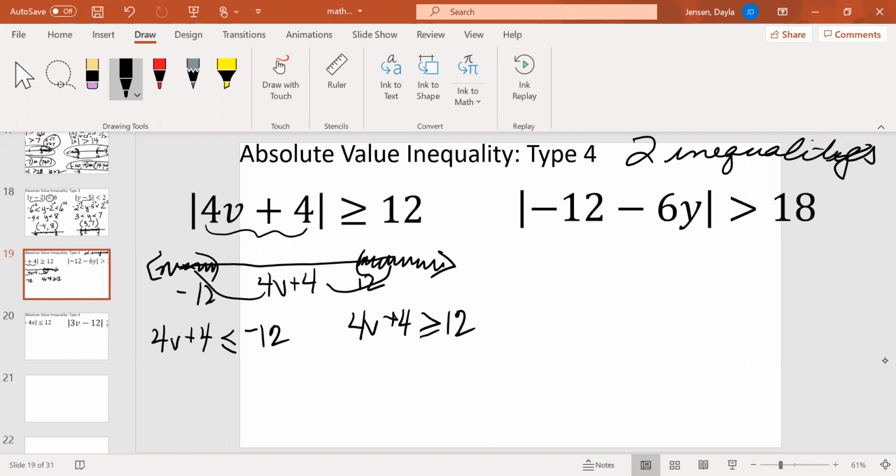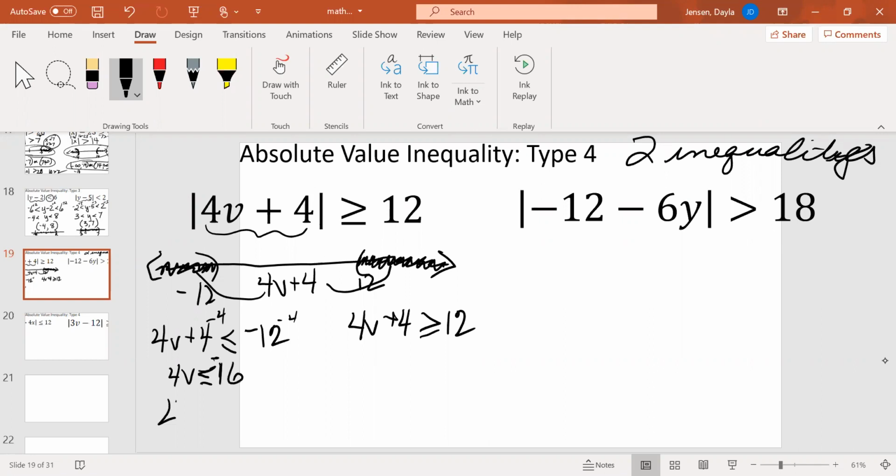If it was less than, it would be between, but it's greater than, so it has to be out here or out here. So 4V plus 4 is less than or equal to negative 12. So subtract 4, 4V is less than or equal to negative 16.